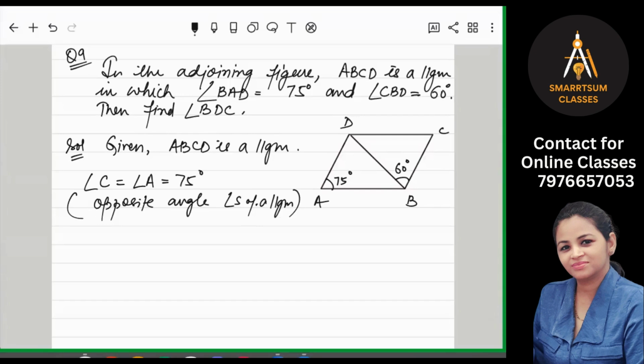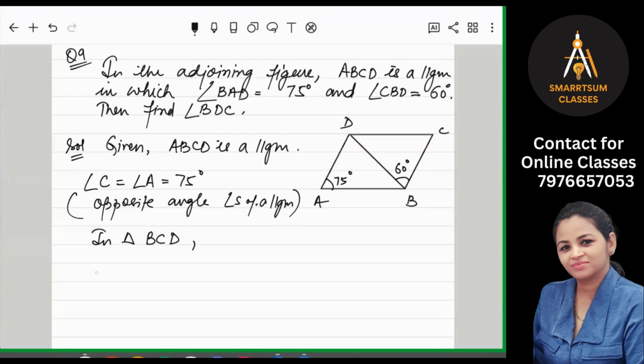Now look at this triangle BCD, right? In triangle BCD, as we know, the angle sum property of a triangle is that the sum of all the angles is 180 degrees, right?